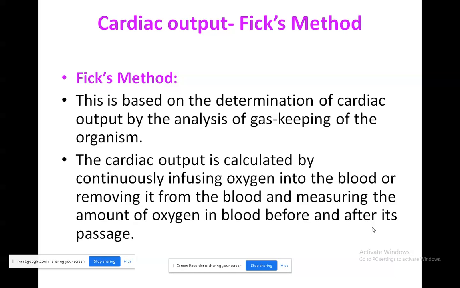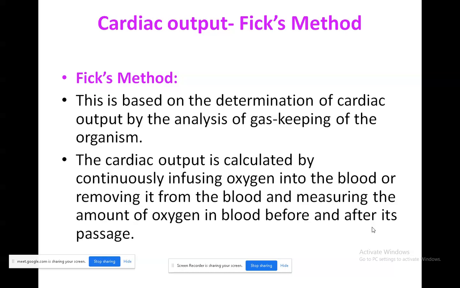measurement or analysis. So the cardiac output will be calculated continuously by infusing oxygen into the blood, or removing it from the blood. So after injecting, we are going to remove the air, that is oxygen, from the blood, and measure the amount of oxygen in the blood before and after its passage.